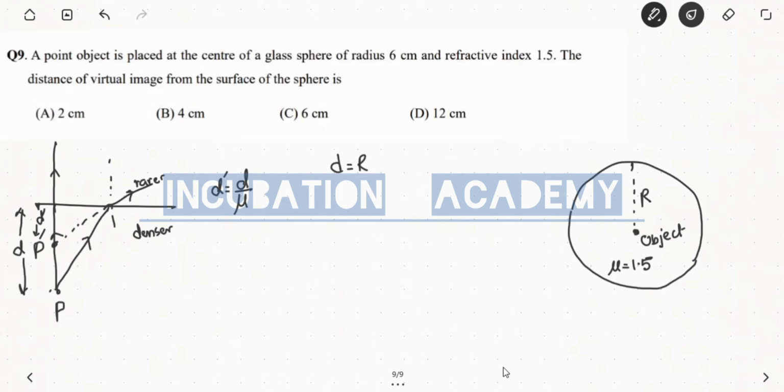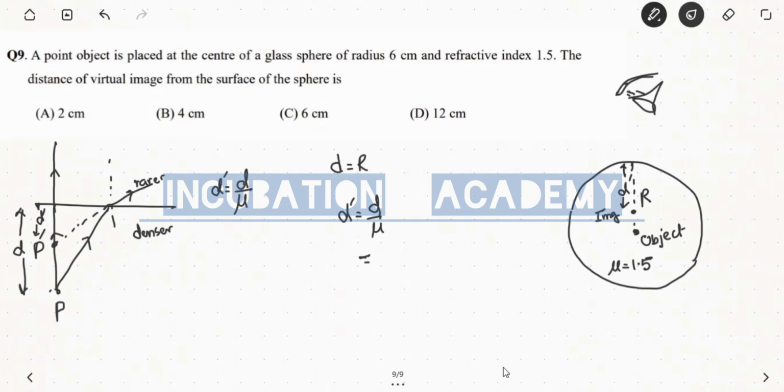But the observer is outside, in the rarer medium, so he can't see the object in its place. He will see the virtual image of the object at a distance D prime, and that D prime we need to find.